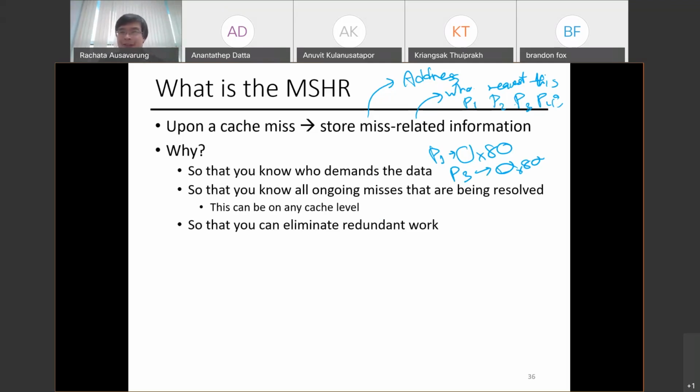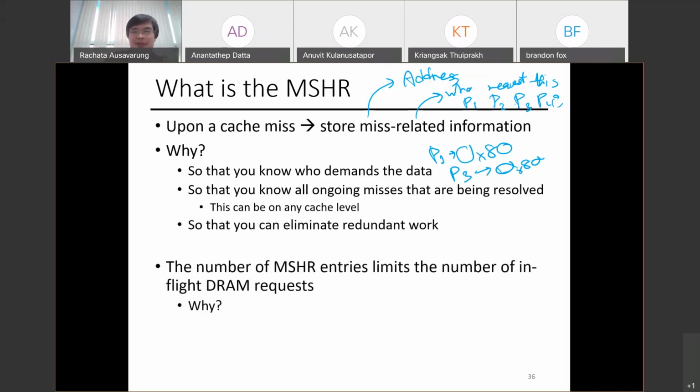Processor 3's request comes in and says, hey, I want that same address. Instead of sending the same request again to DRAM, processor 3's request waits in this MSHR for processor 1's data request. Once you have that cache block, everyone gets the data. This eliminates redundant work, right? You don't have to send multiple requests to get the same data again and again in a short period of time. And the number of these MSHR entries limits the number of in-flight DRAM requests.